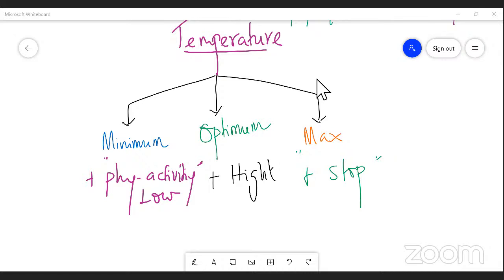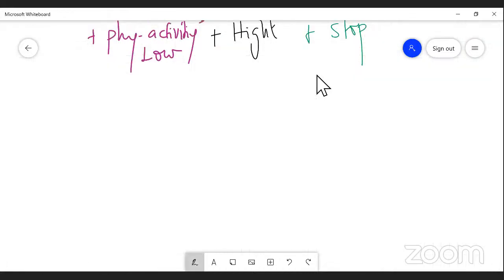So based on the tolerance of temperature, plants are classified into the following types, right? Based on the thermal tolerance, or temperature tolerance, the regions are classified into the following types.